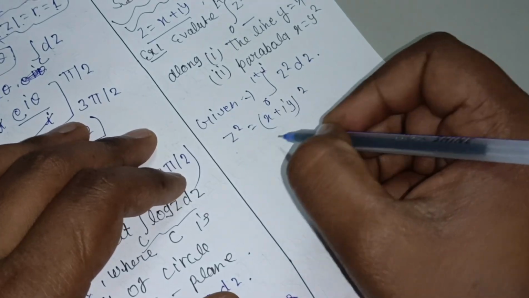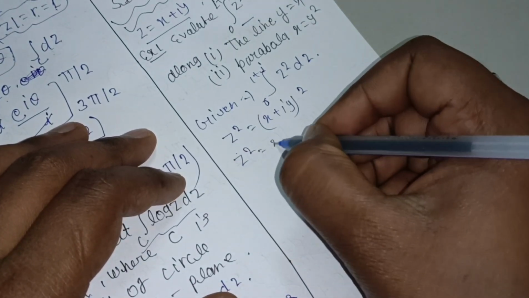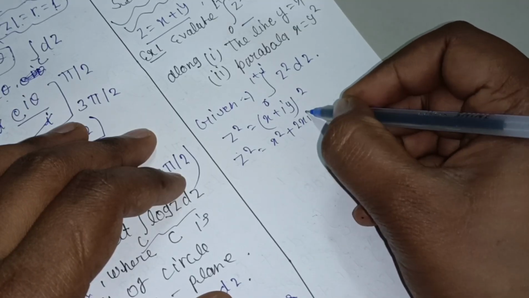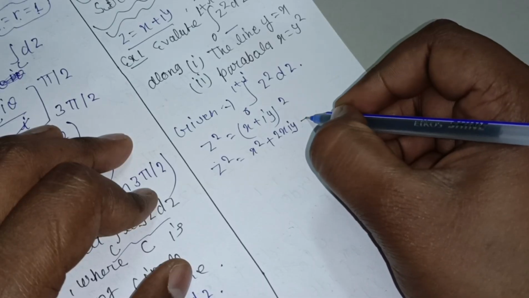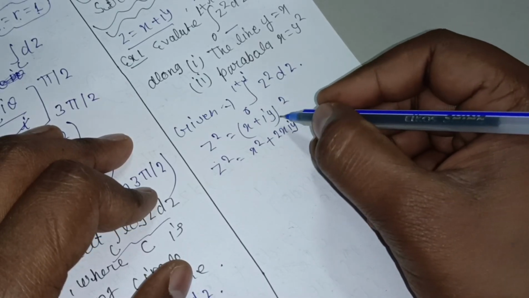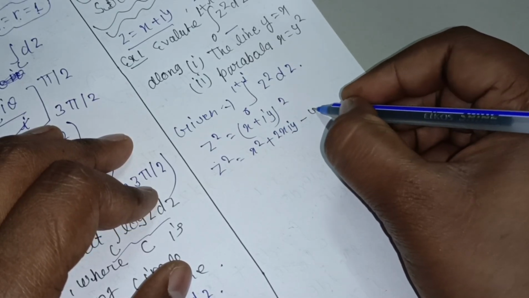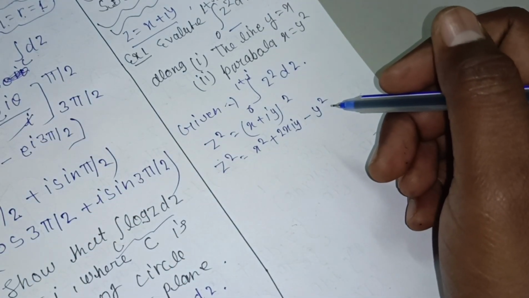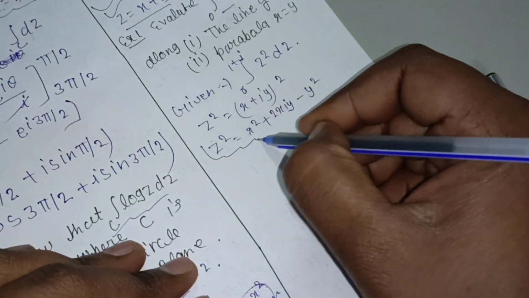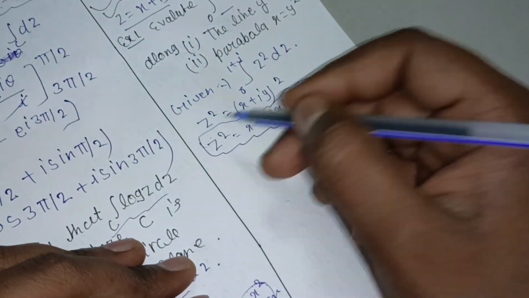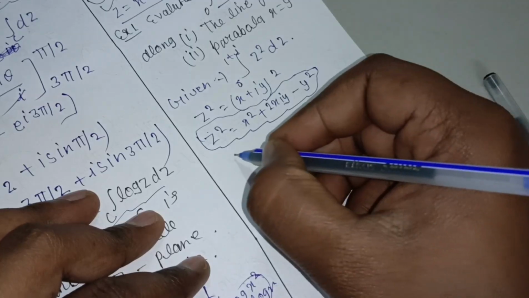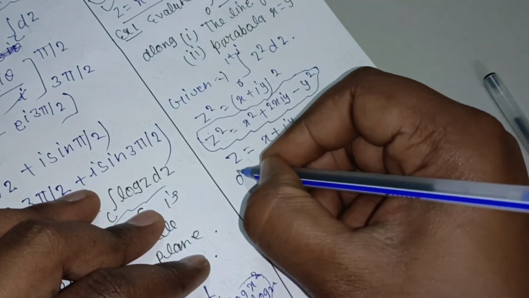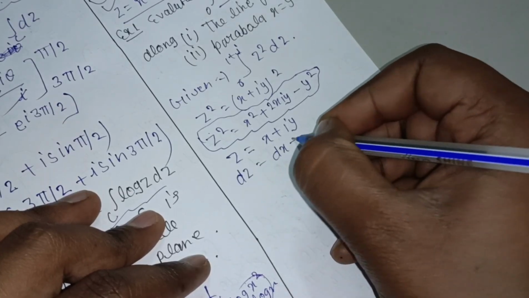So z square is equal to x square plus 2x iota y minus iota square y square. Iota square is minus 1, so directly I am writing minus y square. Got it? And now z is equal to x plus iota y, so dz is equal to dx plus iota dy.